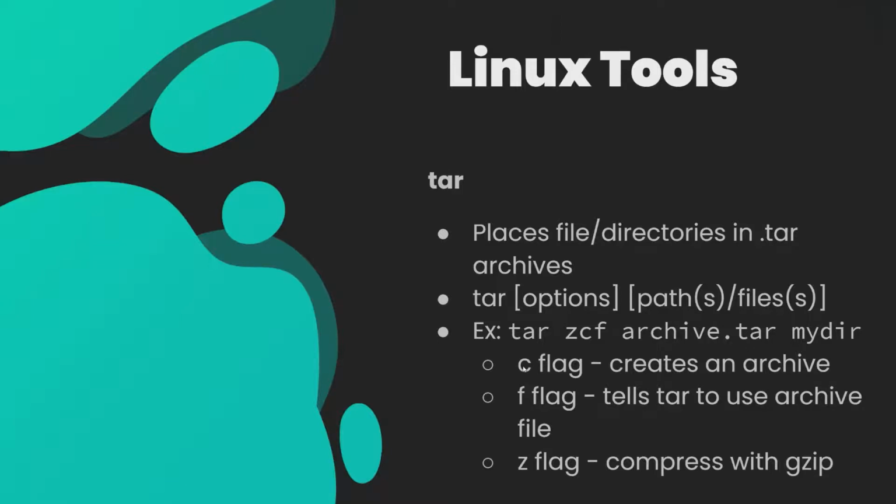So the C flag up here specifies that you want to create an archive. The F flag basically tells tar to use an archive file, so archive.tar. And the Z flag tells tar to compress it as well with gzip, which is an external tool that tar utilizes for compression.